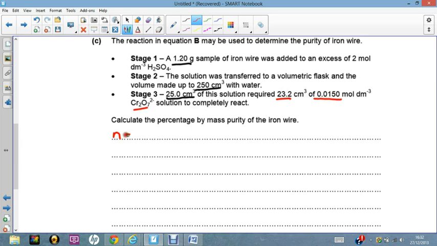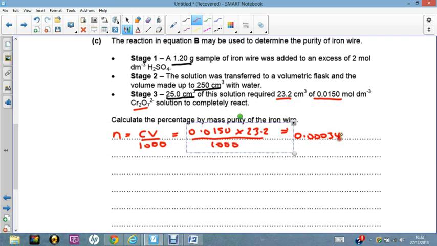So we're going to start off working out moles of dichromate by using, so we've got 0.0150 and that gives us, okay, so that's our moles of dichromate. 1 mark there for that.